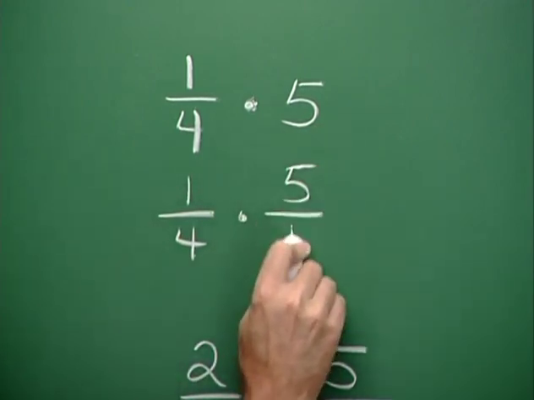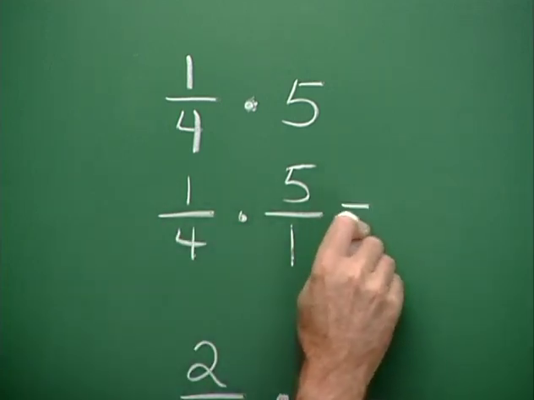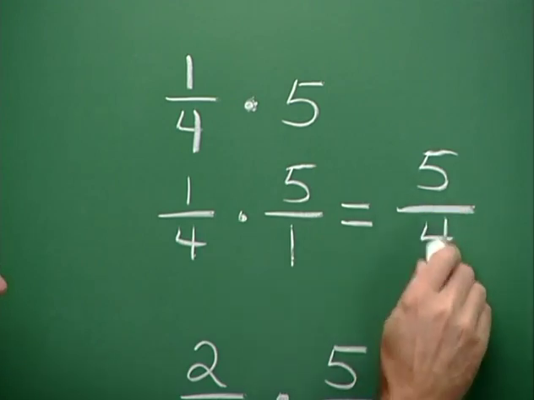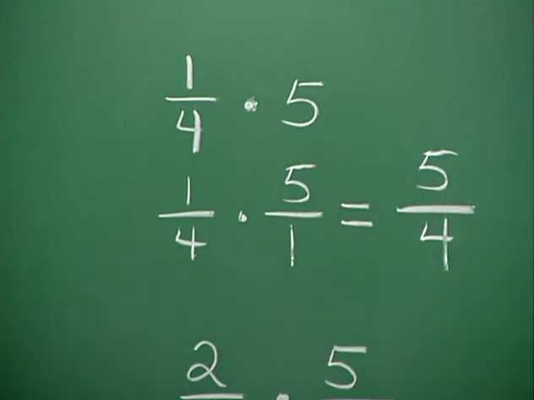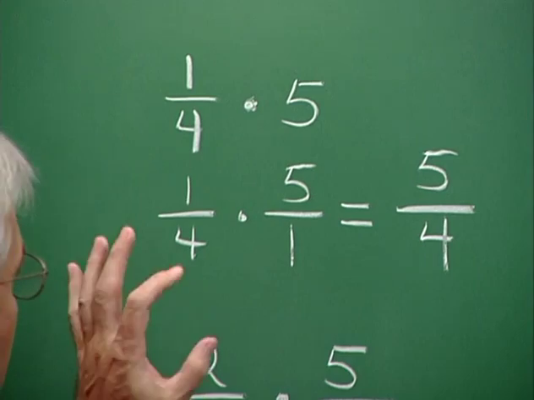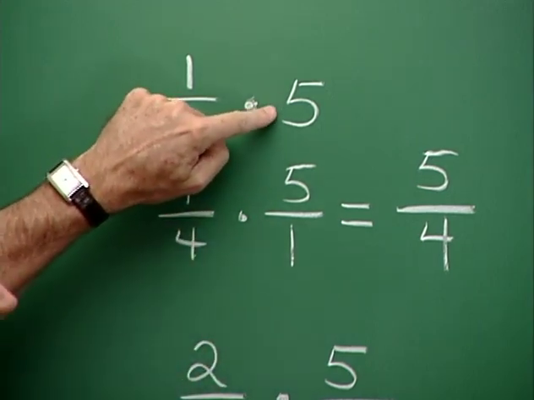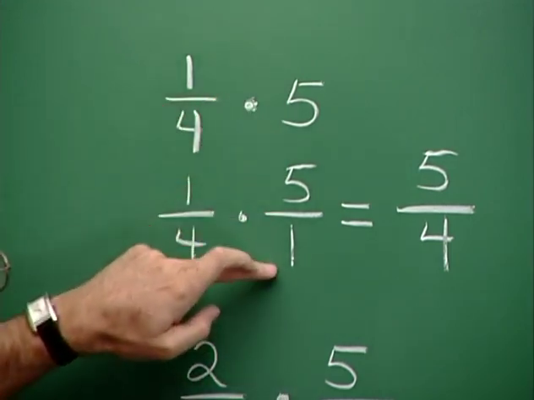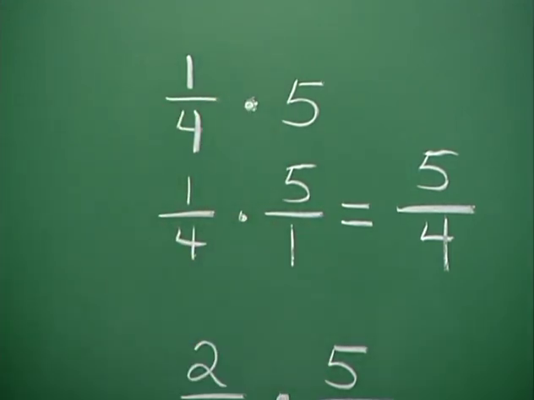Think of it like this, and now multiply straight across. 1 times 5, 5. 4 times 1, 4. 5/4 will become 1 1/4 as a mixed number. But the idea when you're dealing with a whole number and multiplying in this world of fractions is to think of the whole number over 1 for proper multiplication.